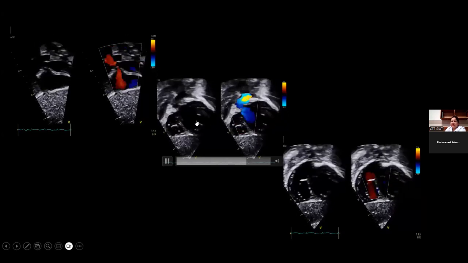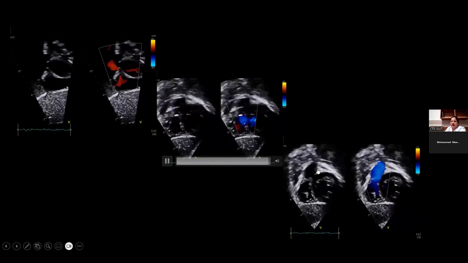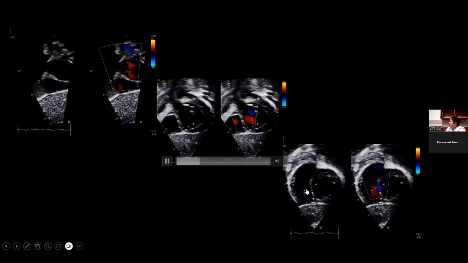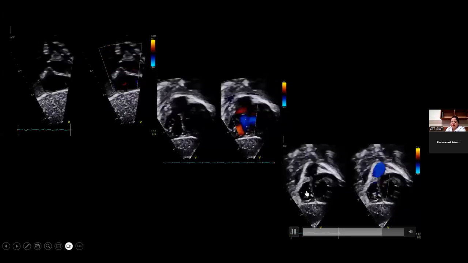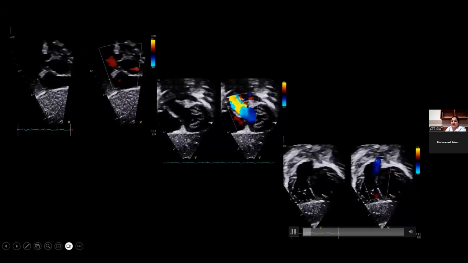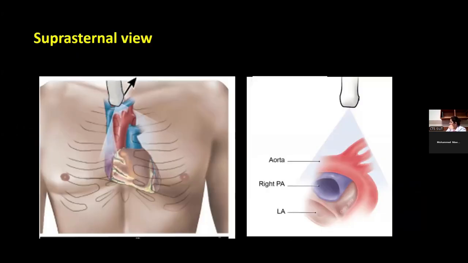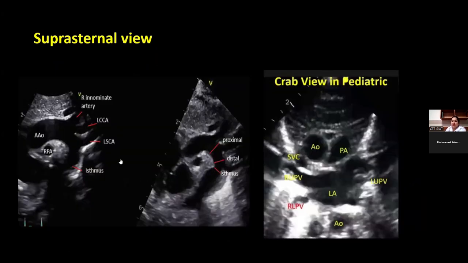This is LV, and the aorta is coming off, and here is the RV, which I have shown in the previous image. Now this is the suprasternal view. We keep the probe in the suprasternal notch, and through the suprasternal notch, we identify the arch and the relevant structures, and also the superior vena cava.